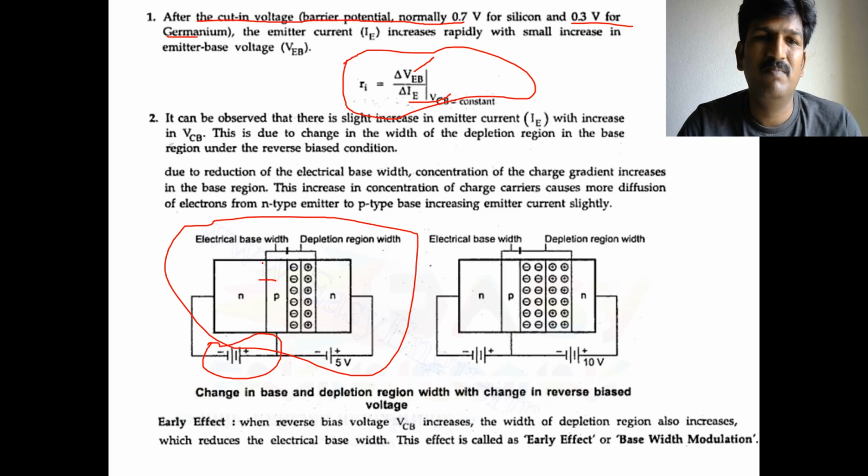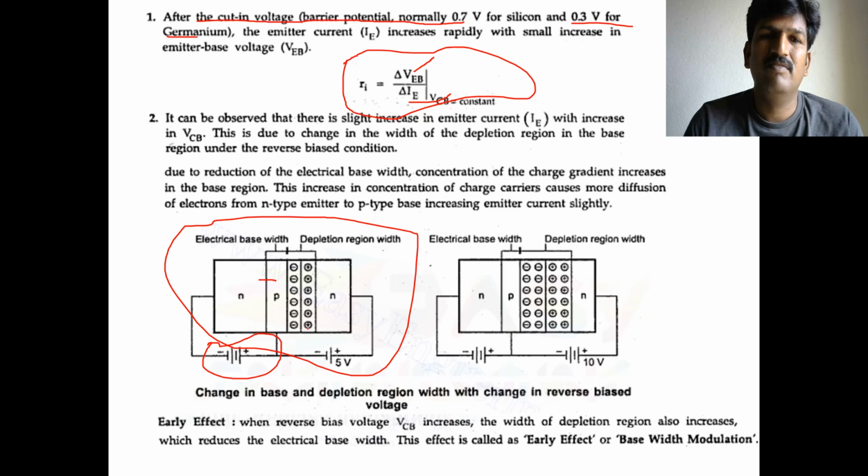The width of the depletion region at the emitter to base junction will become narrower. So more electrons are going to come to the p-type and recombine, producing the base current.